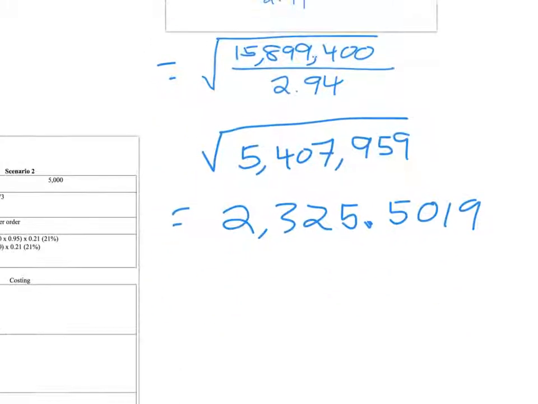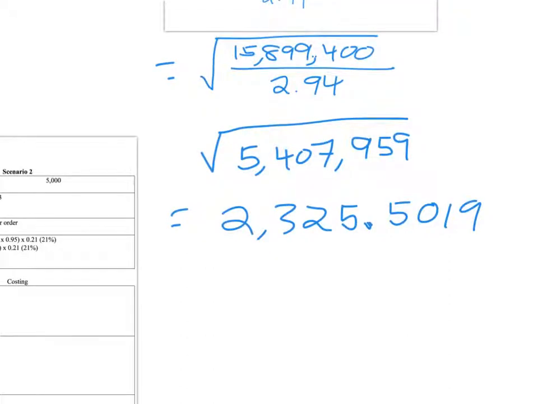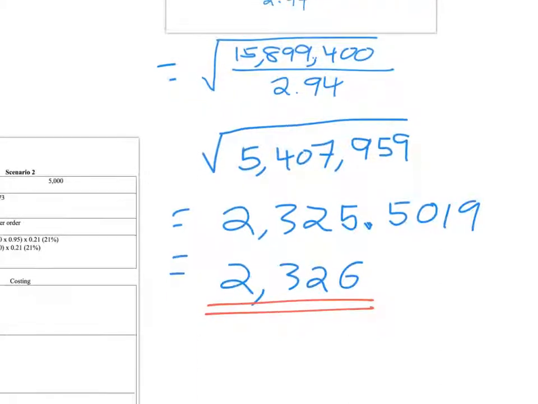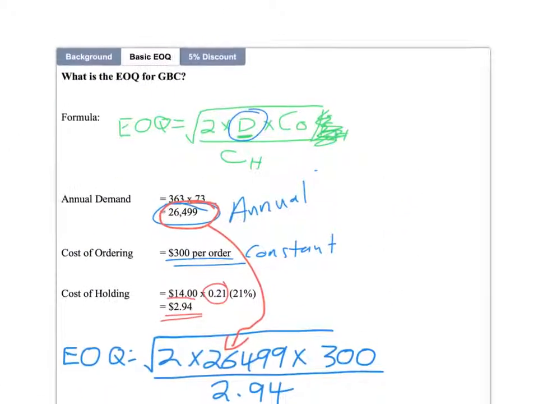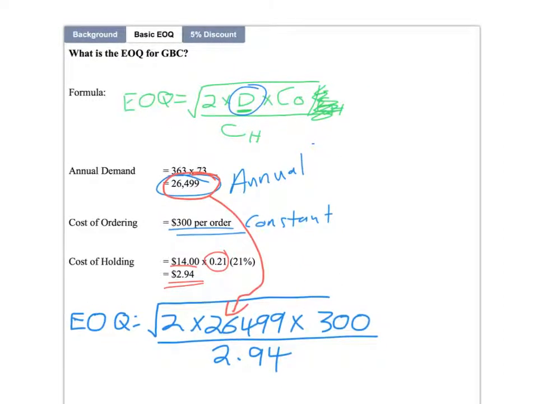Now, normally in some of our calculations, rounding really matters. In this case, it doesn't. Just use traditional rounding rules. So what this means is that we round this up to 2,326, which is our economic order quantity. For this particular solution, given all the information that we have, our EOQ is 2,326 units.